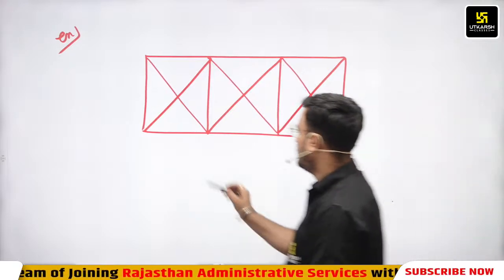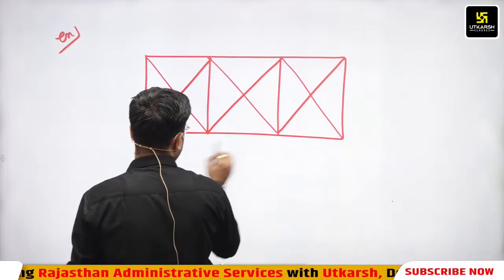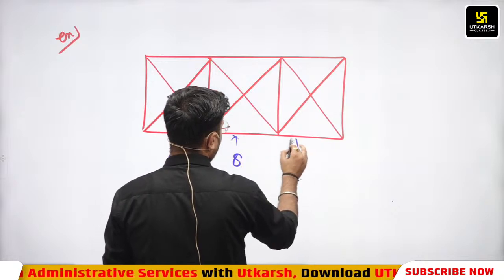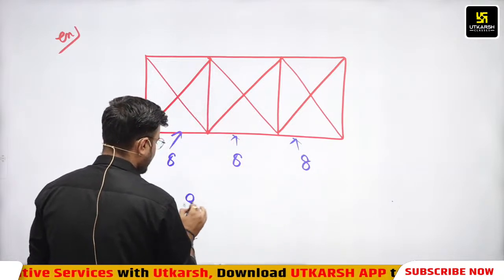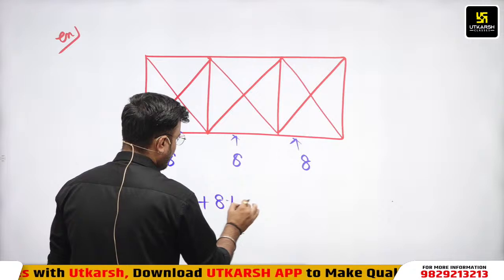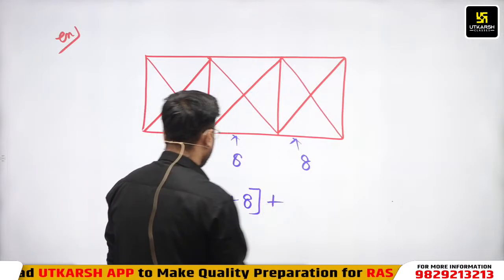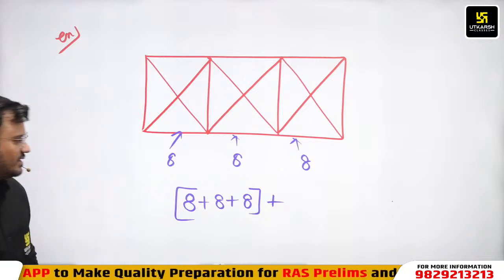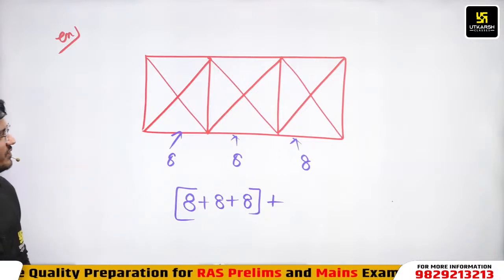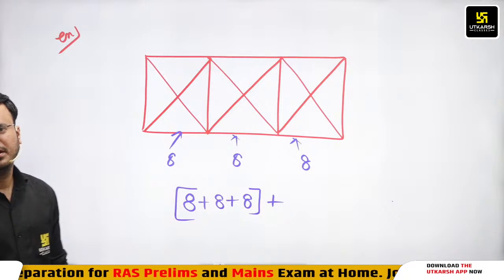So in this figure you can see 8, in this figure 8, and in this figure 8. So the basic figure gives an idea to count triangles in 10 to 15 seconds. So 8, 16 and 24. Now the remaining 40 to 50 seconds we need to spend to find the hidden figures.